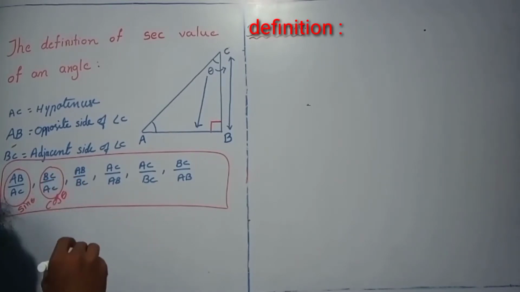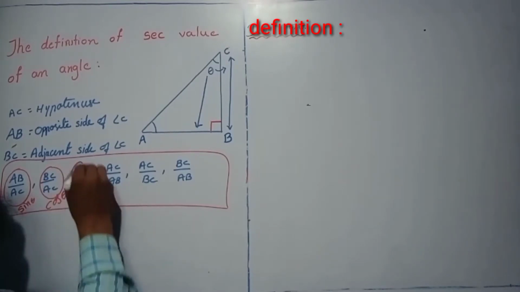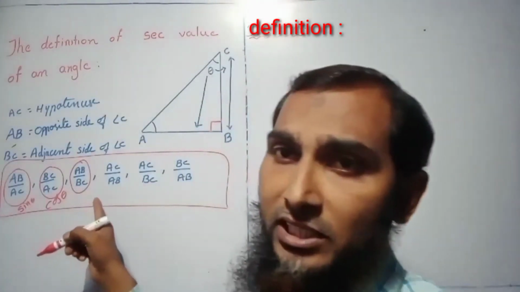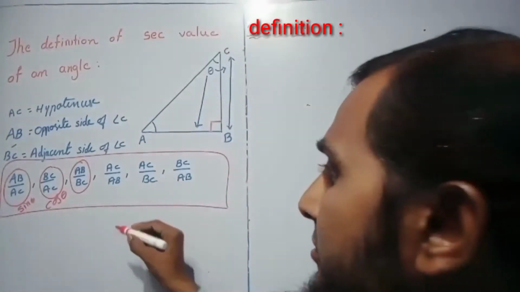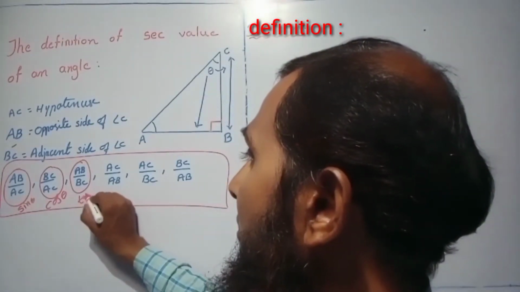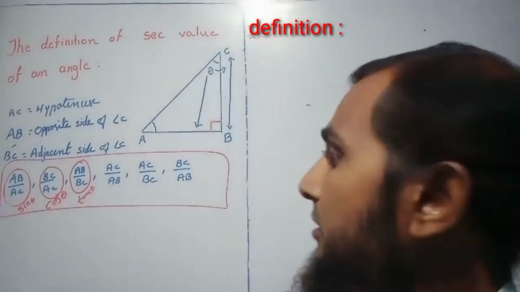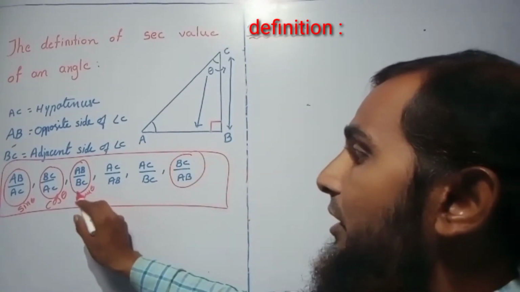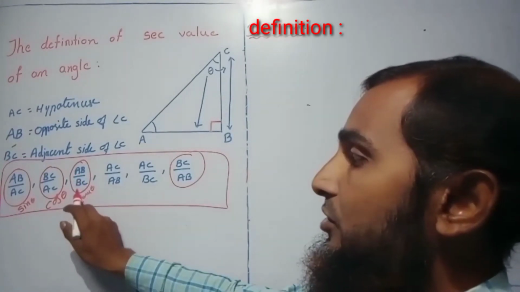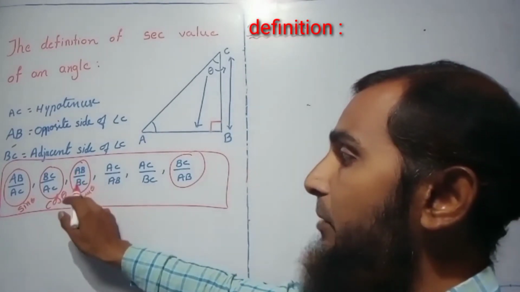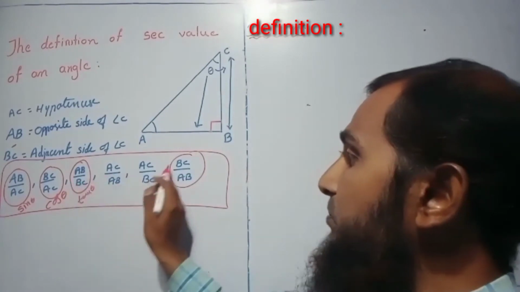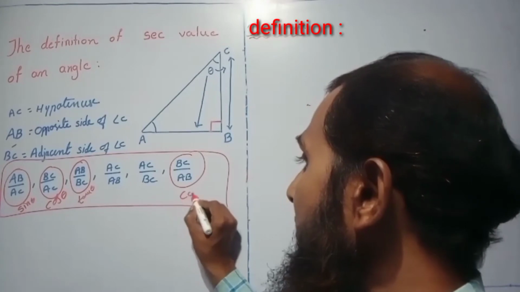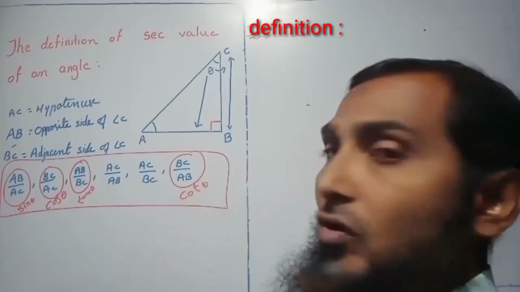The third ratio, AB by BC, is called tan theta. And BC by AB, the inverse of AB by BC, is called cotangent, simply written cot theta.